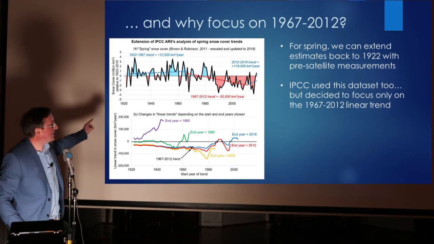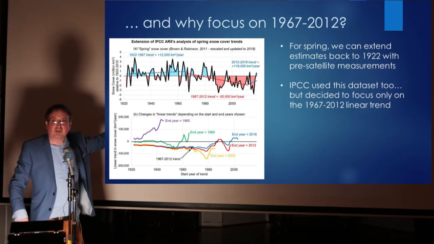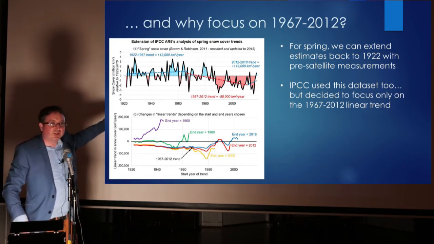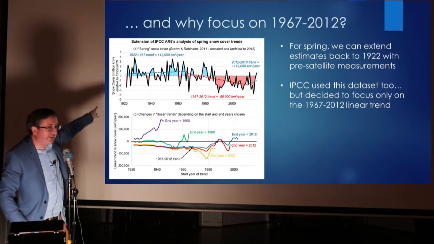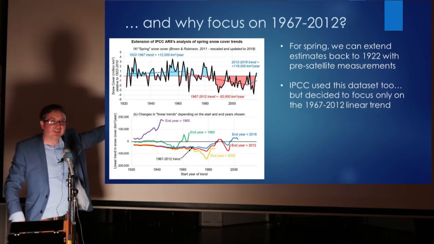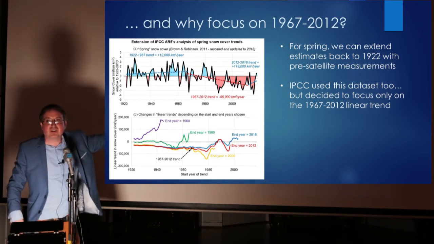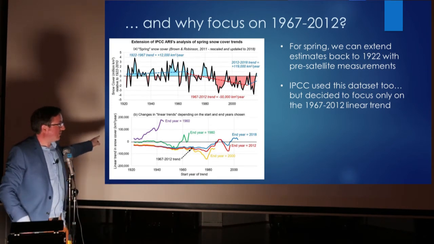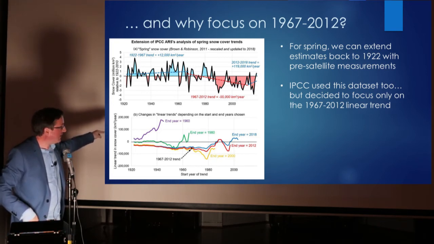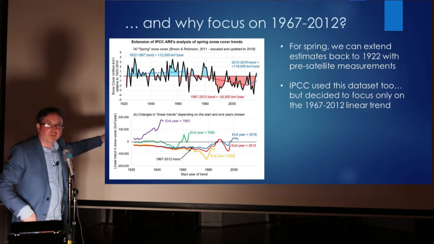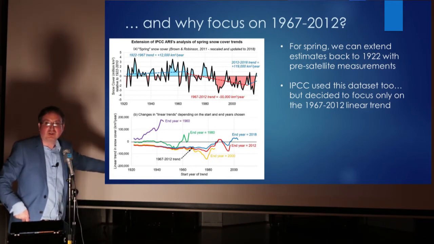And you can see here that if you look at the trend from the beginning of the data in 1920 up to 1967, it was actually increasing, and it has slightly increased since 2012. So what we were pointing out, and this is what Michael was mentioning earlier on, depending on when you start and stop your linear trends, you can get any value you want.